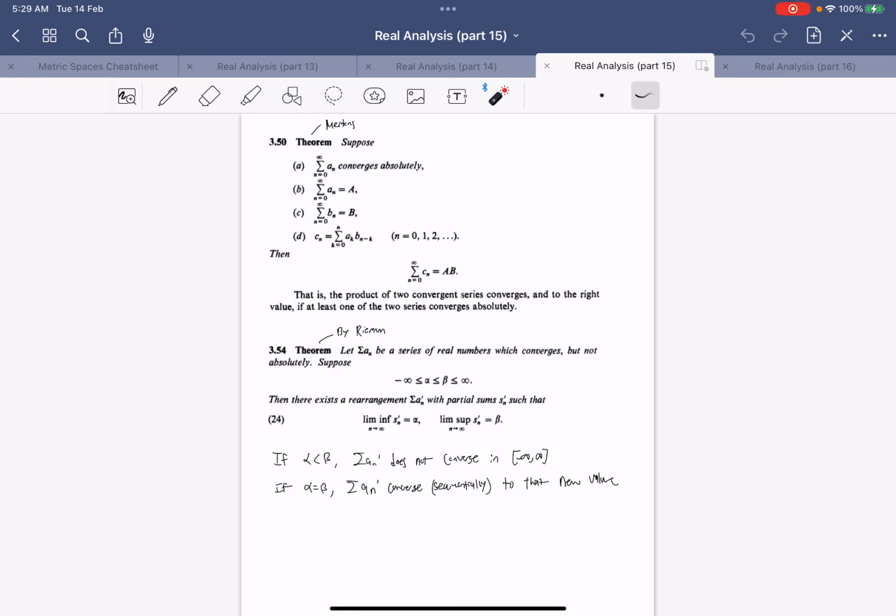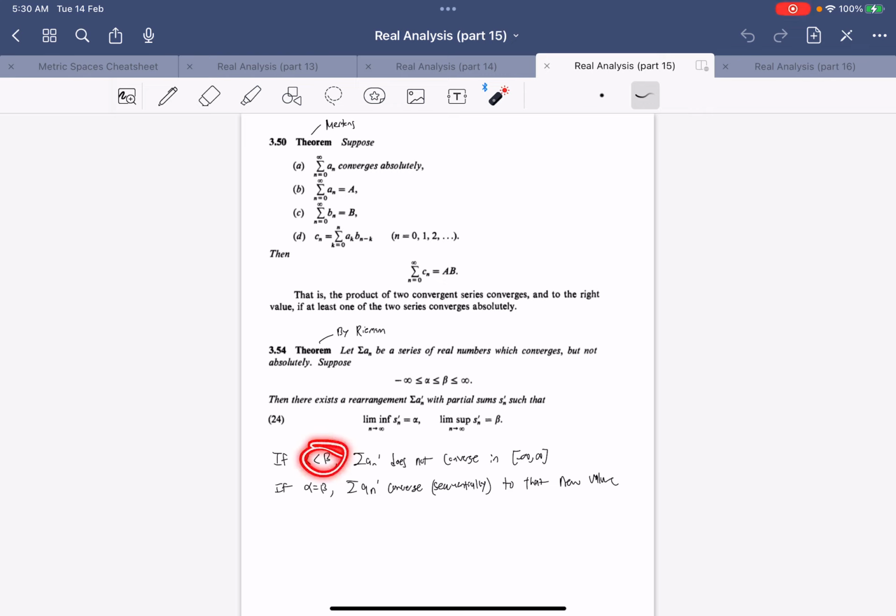The next theorem is by Riemann, and it says that if you know that a series is not absolutely convergent, then you can pick any two numbers between minus infinity and infinity, and rearrange the terms in the sequence such that the partial sums have a lim inf of alpha and a lim sup of beta.